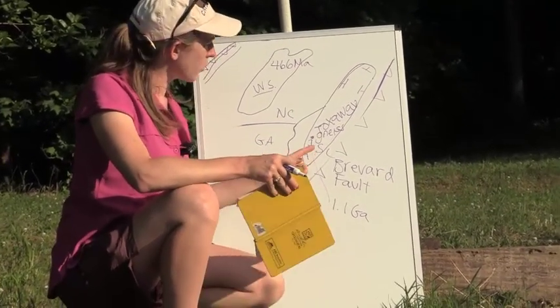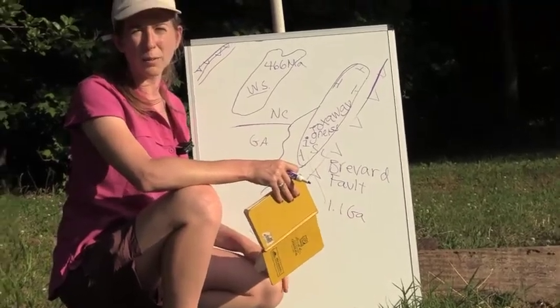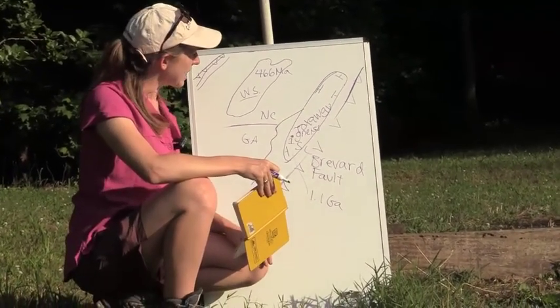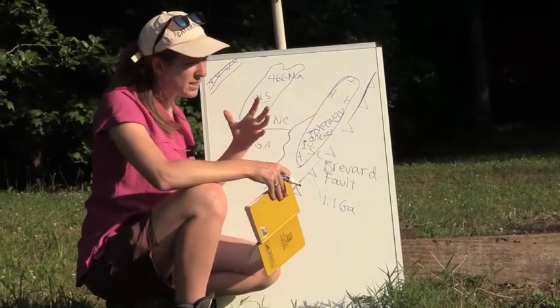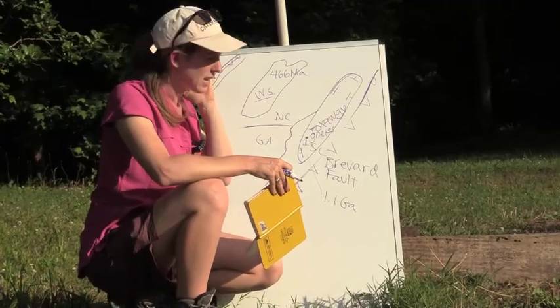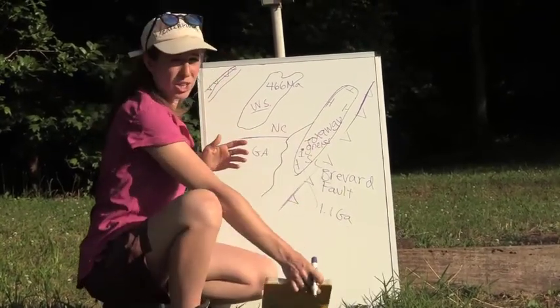And the Toxaway gneiss dome is a little bit of a riddle. It's located very close to the Brevard Fault, and as such, it was basically thrust into place, transported from the east in these large thrust sheets.